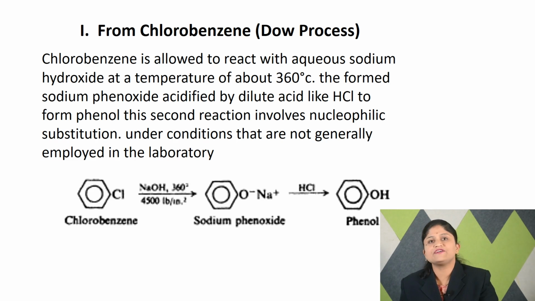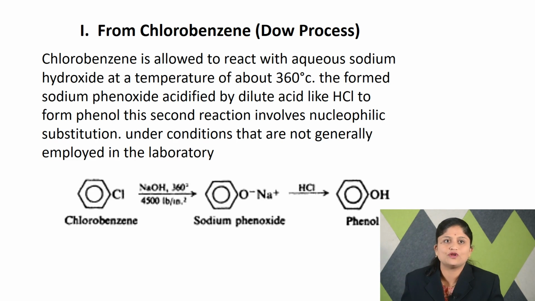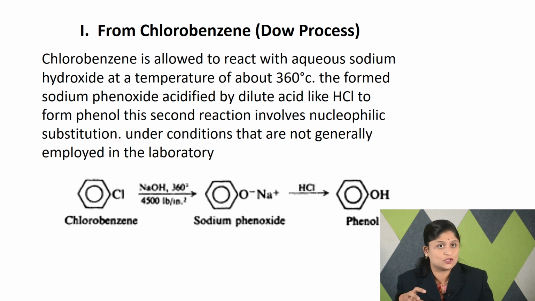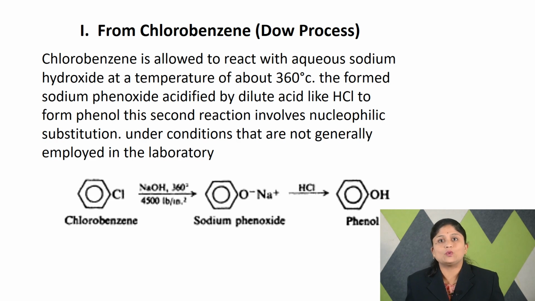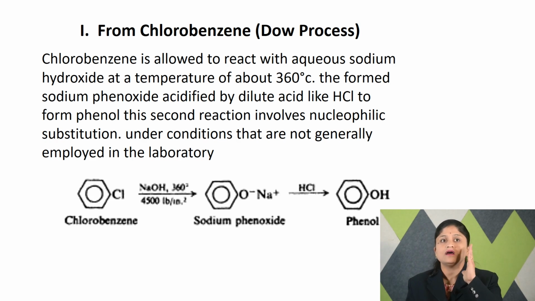Now, this sodium phenoxide is neutralized with a dilute acid like hydrochloric acid, in order to remove the sodium ion, and we get the phenol through a reaction involving a nucleophilic substitution, the replacement of the chloro group from the chlorobenzene.